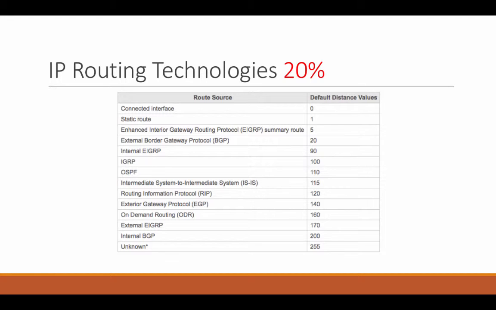You can modify the administrative distance of a protocol through the distance command in the routing process subconfig mode. This command specifies the administrative distance assigned to the routes learned from a particular routing protocol.